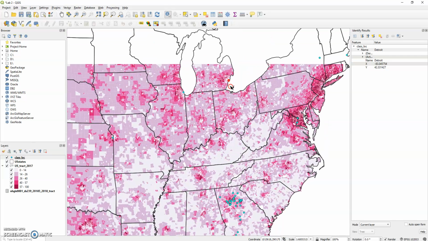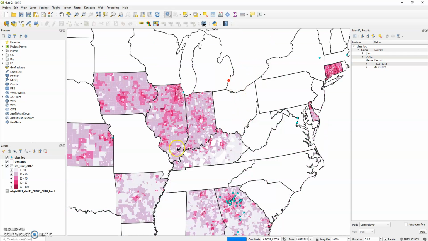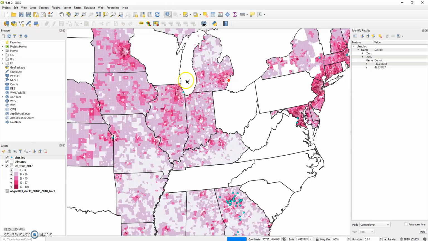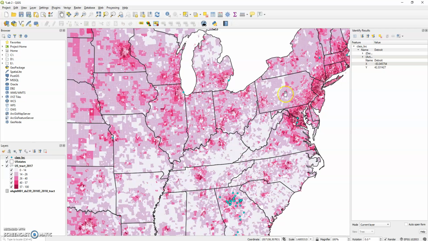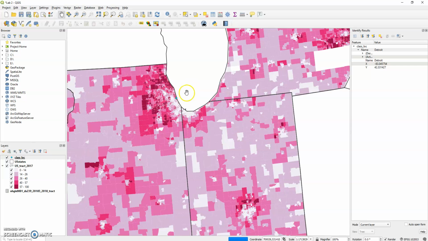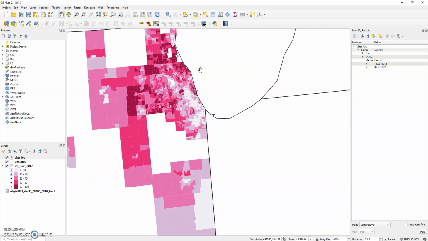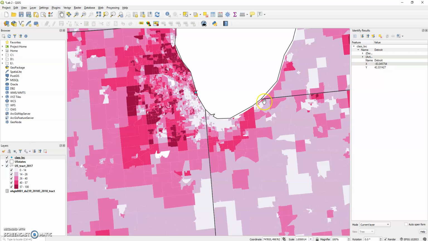One thing of note that I observed was that big urban centers and high population density areas tend to attract households that are at the upper end of the spectrum in terms of income. Like Chicago, for instance, we look along the coastline of the Great Lakes here, and this is all Chicago.